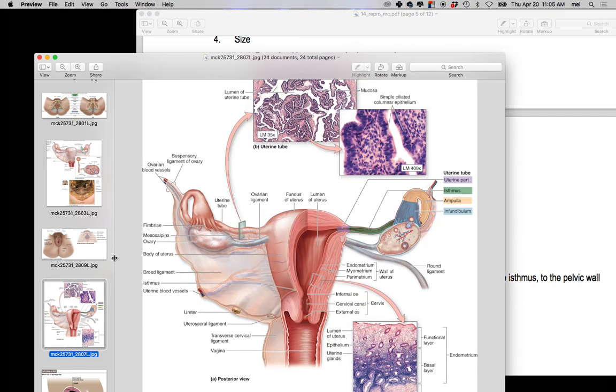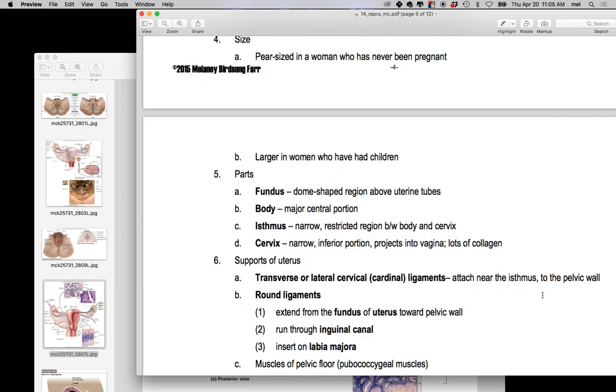Believe it or not, this little weird thing actually goes out the inguinal canal and inserts onto the labia majora. So basically it's the structure that has a really understandable function in males, holding on to what's in the scrotum, and it just actually goes out there in females. It's not particularly important to hold things onto the labia majora. It's not holding your labia up, right? That's not what the round ligament does.